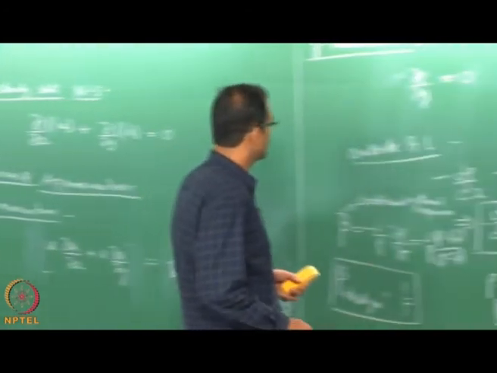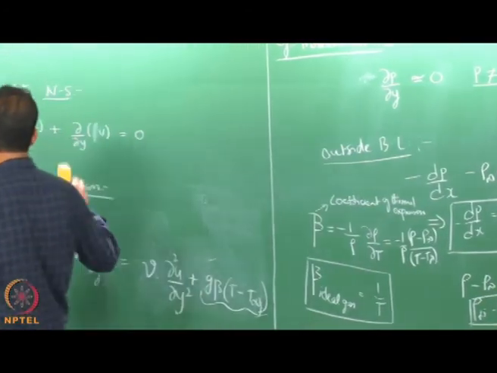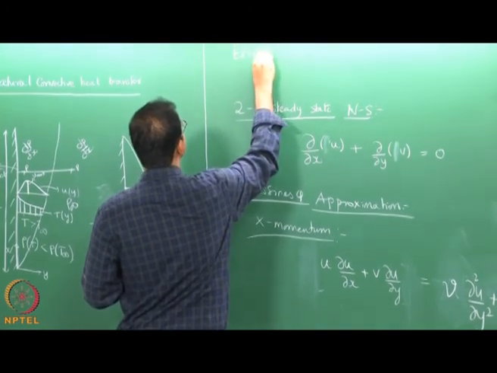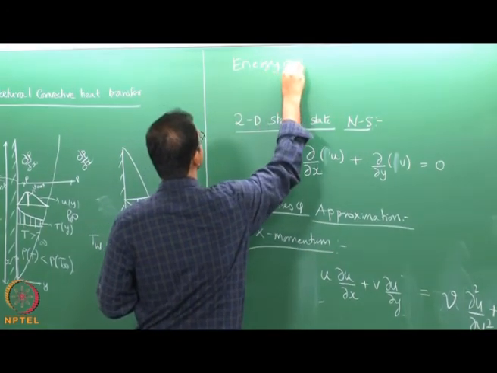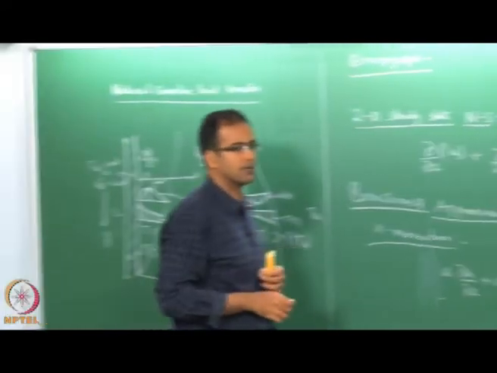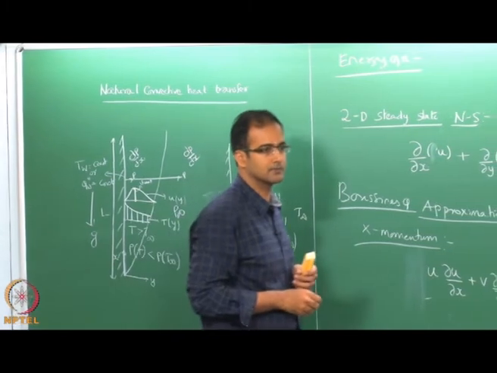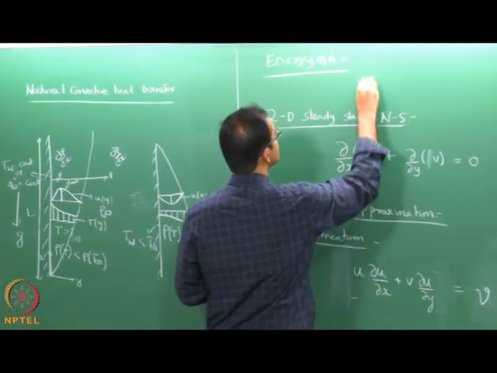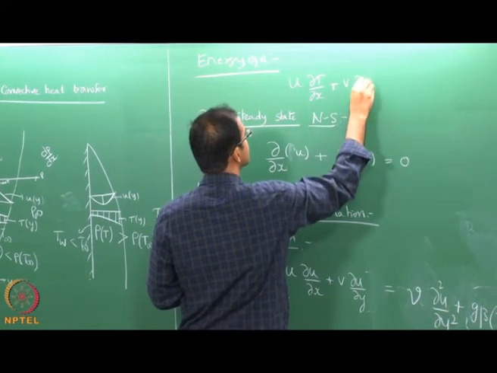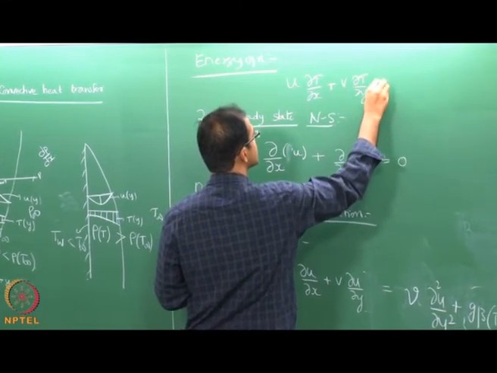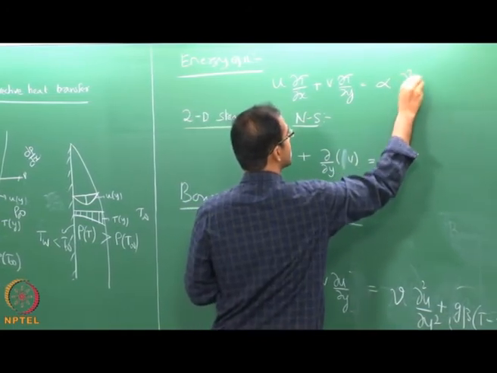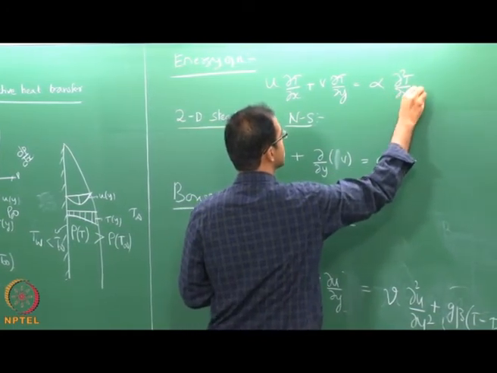Now you can write down the energy equation also. How does the energy equation look? It will be no different from your external forced convection boundary layer equation: u dT by dx plus v dT by dy is equal to alpha into d square T by dy square.